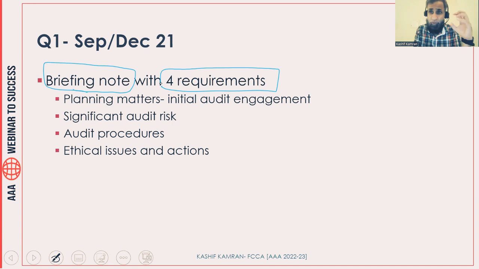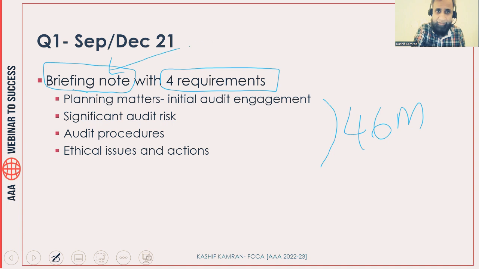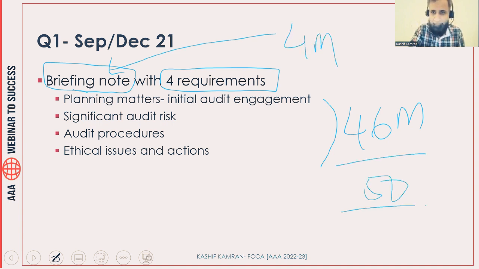The marks allocation was 24, I guess. Then you had audit procedures on a certain area, and then ethical issues and action. So these are 4 requirements making up the 46 technical marks. And then you had 4 marks attached to the briefing note, making it a total of 50.